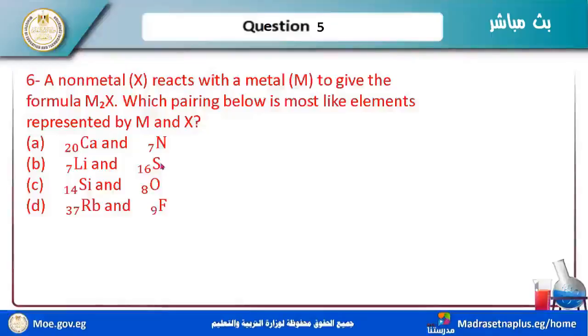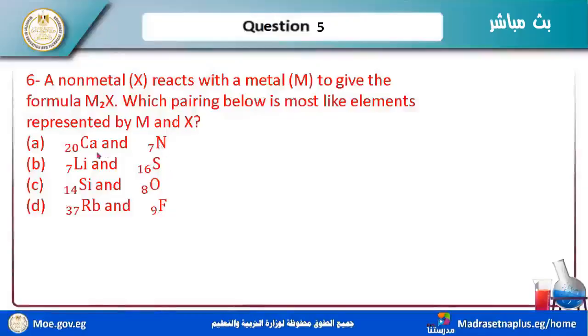Sulfur is 16, 3s2 3p4, so it needs 2 electrons, so it is a non-metal and divalent, because it needs 2 electrons to form bonds. Oxygen: the electronic configuration of oxygen is 2s2 2p4, so it needs 2 electrons to form ionic bonds. But fluorine, 9, is monovalent.